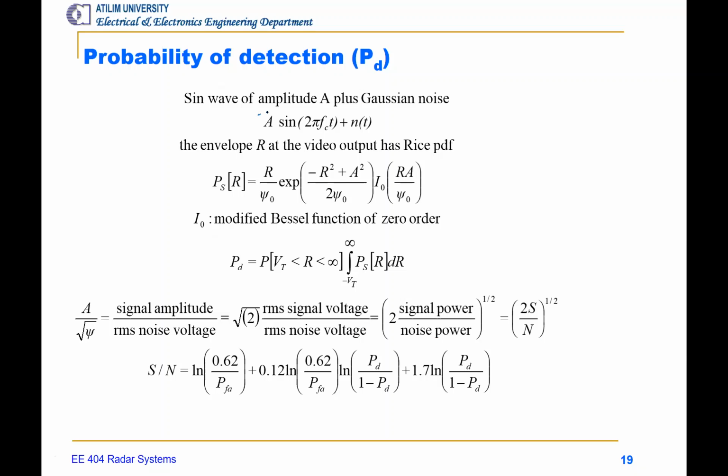At the input, we got a sinusoid, typically, plus noise, as we have shown in the previous slide. And the envelope at the video output follows the Rice PDF. The Rice PDF is a little bit complicated, probably the most complicated equation that you may see in this course. Here, it involves modified Bessel functions of zero order.